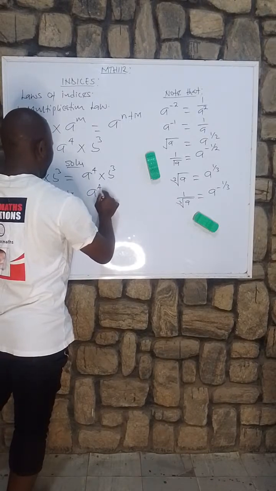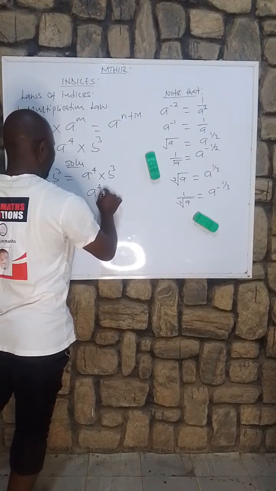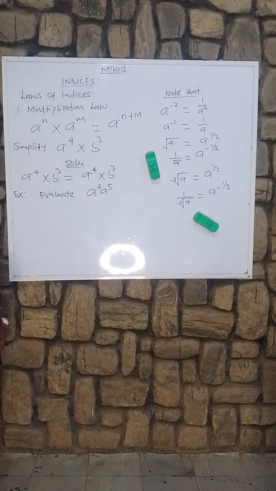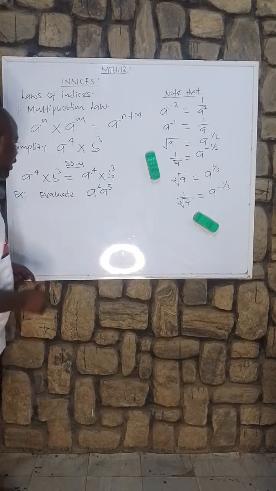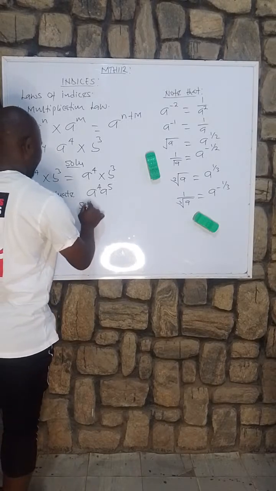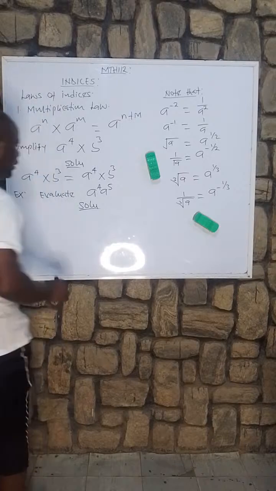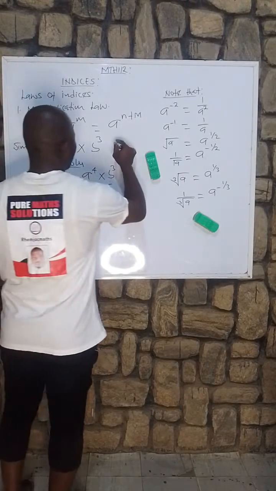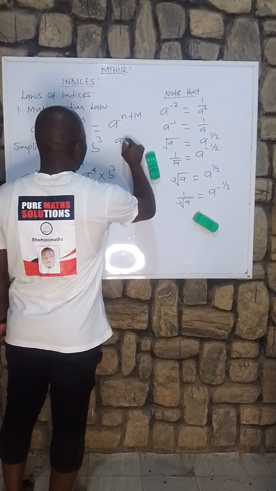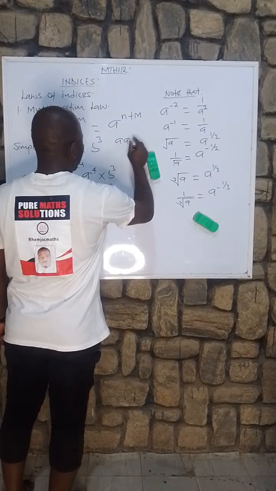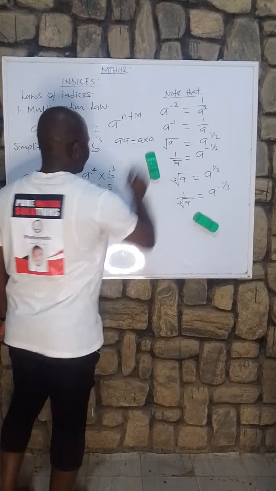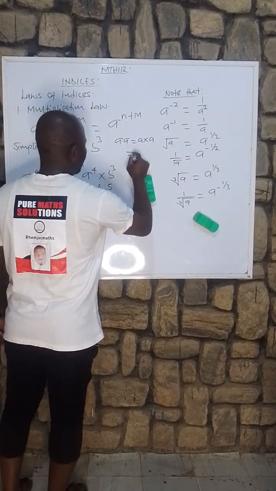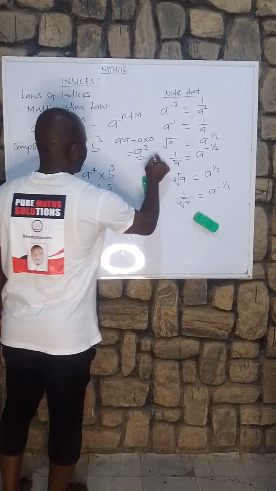a raised to power 4 and a raised to power 5. You don't need the prophet to tell you. You are still going to use multiplication law, because if we have a a, it is the same thing as a times a. True or false? Then this is going to give you a raised to power 2.